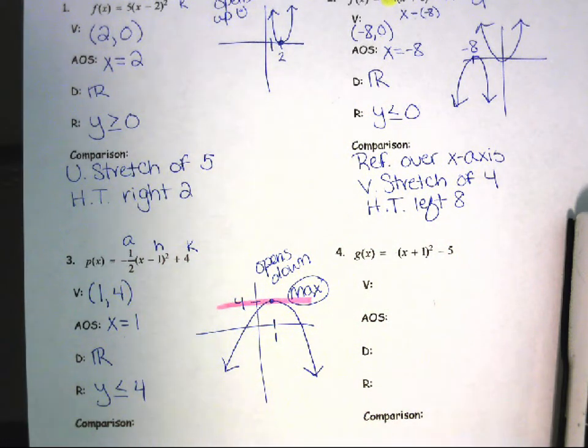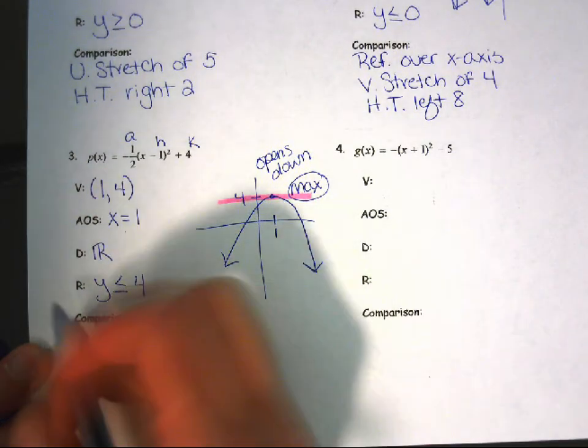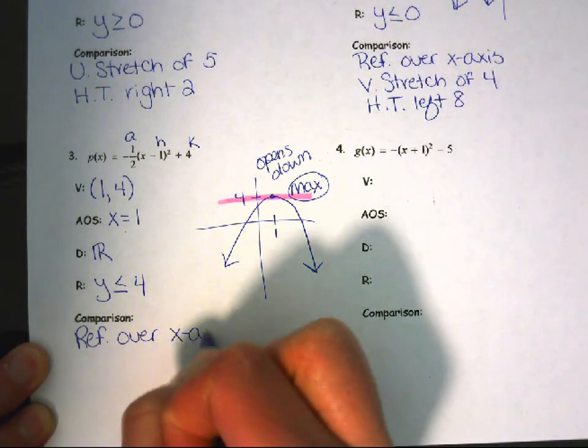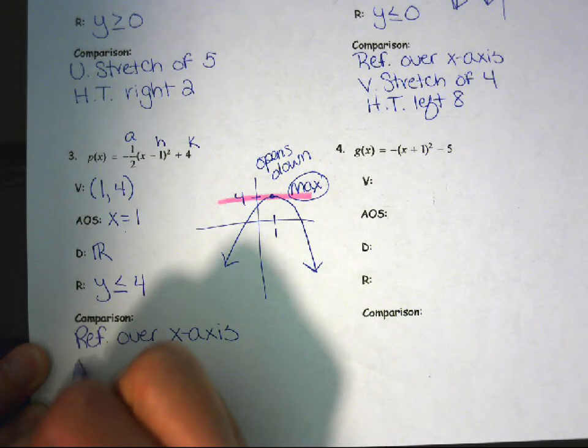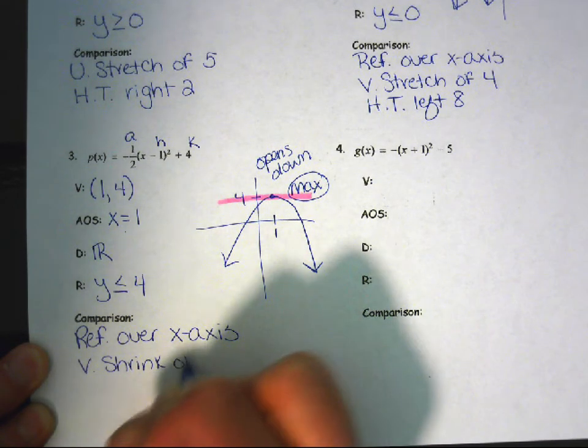So let's do our comparison. We know it's going down, so that means the negative was a reflection over the x-axis. The 1/2 is just going to make it wider, so we call that a vertical shrink of 1/2.